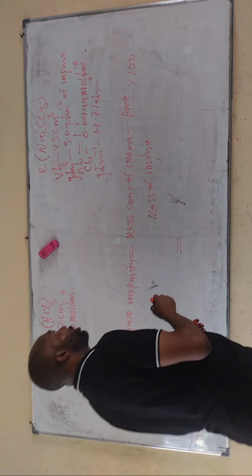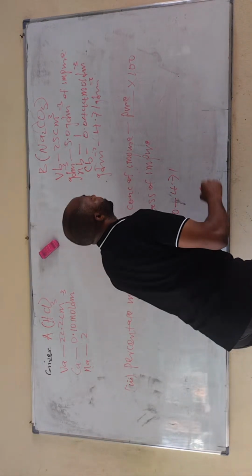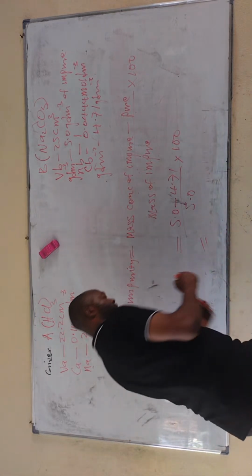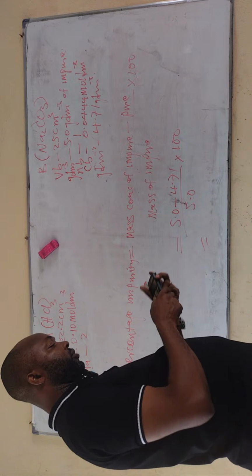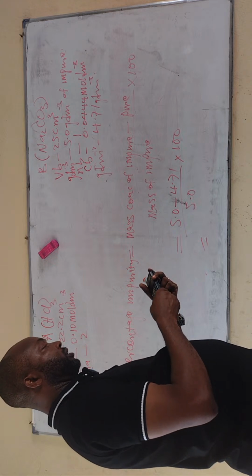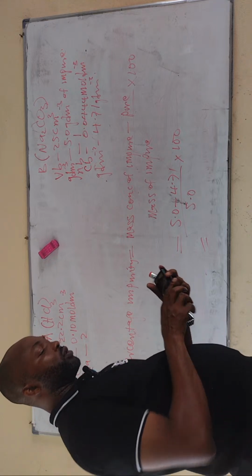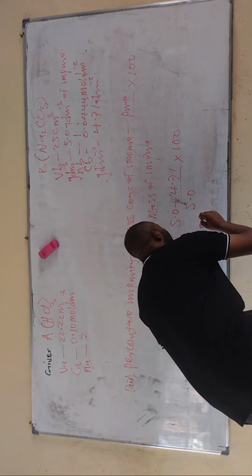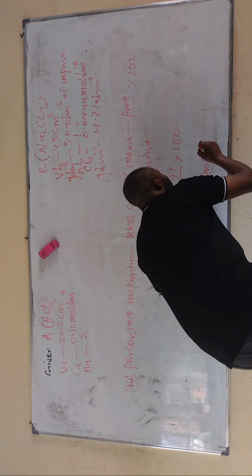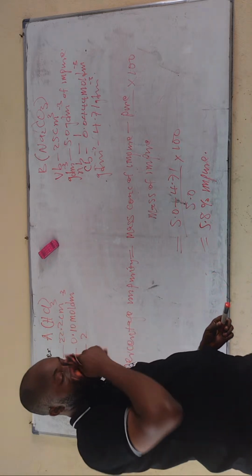The mass conc of impure is 5.0. So 5.0 minus 4.71, divided by 5.0, times 100, is going to give us 5.8%. So 5.8% impure. It means the purity level is very high because the impurity is just 5.8.